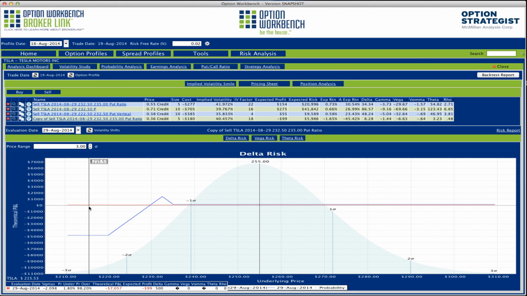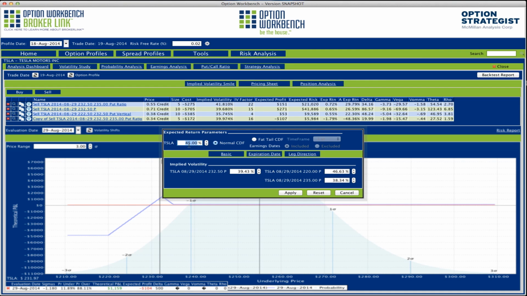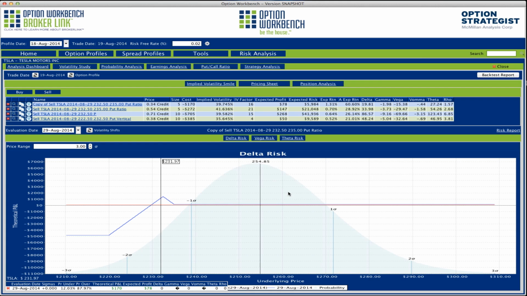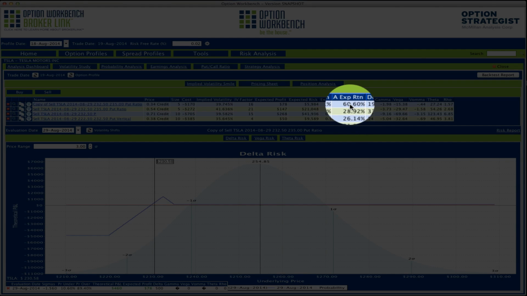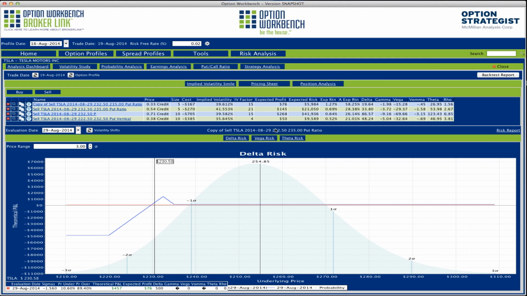So that lowers that risk quite a bit. I still have that not negative expectation, so I'm going to go in here and change to 36, 3 years, and no earnings. Okay, so now my modified put ratio, which I turned into a broken wing butterfly, has a much better expectation than any of the others, especially the put vertical.